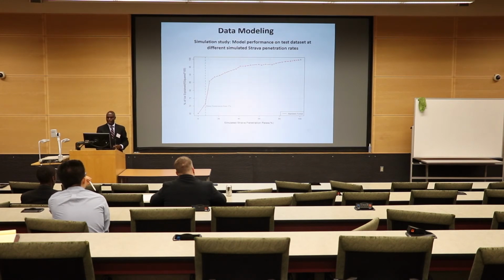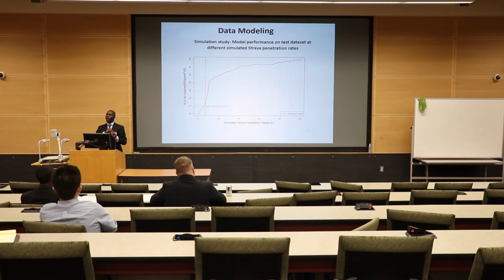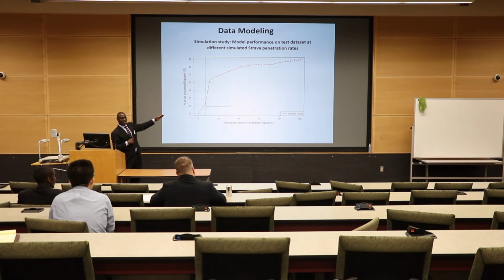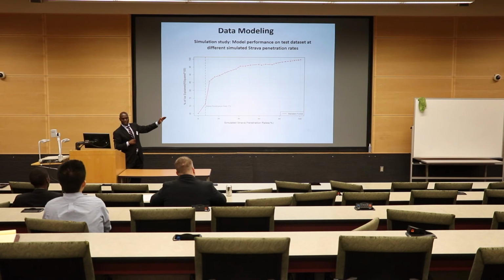So when we checked how accurate the model is going to be when the penetration rate increases, what we found was that when the penetration rate of Strava increases, the prediction capability of the model increases too, which I think makes sense.